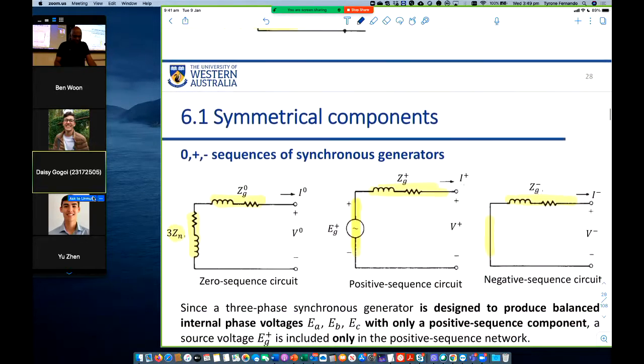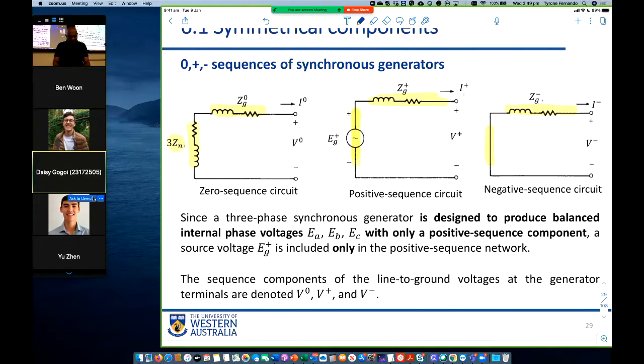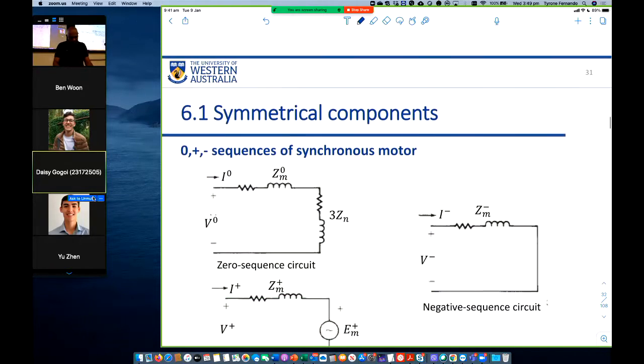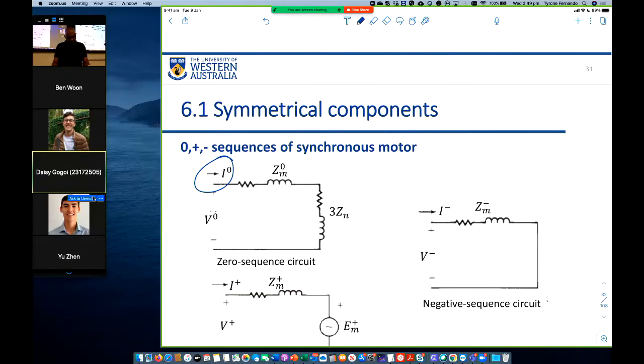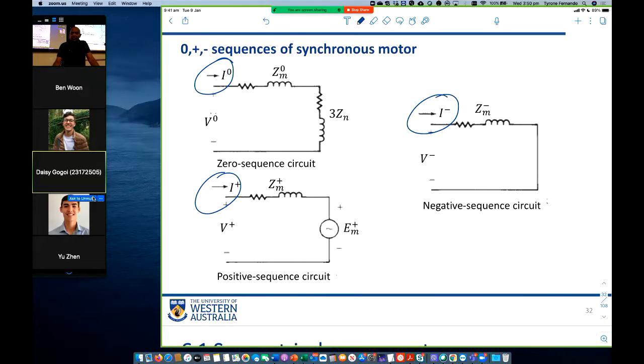So it's the same circuit as the generator, but the currents are reversed. Currents are flowing into the terminal if it's a motor.